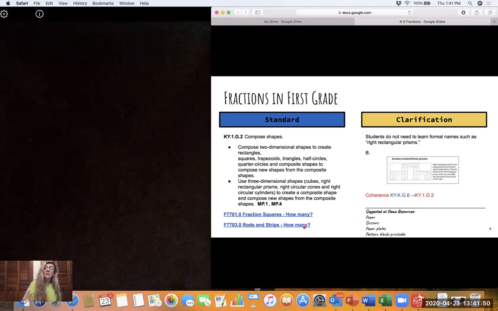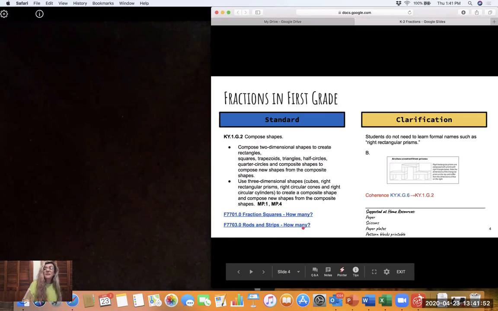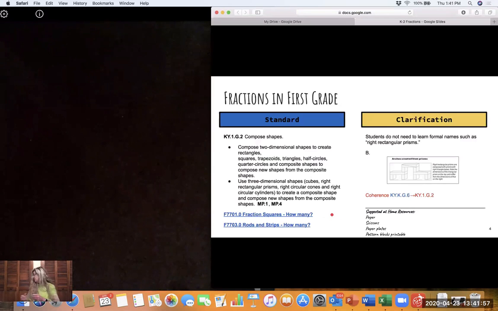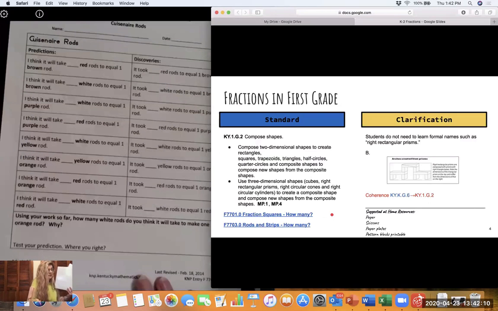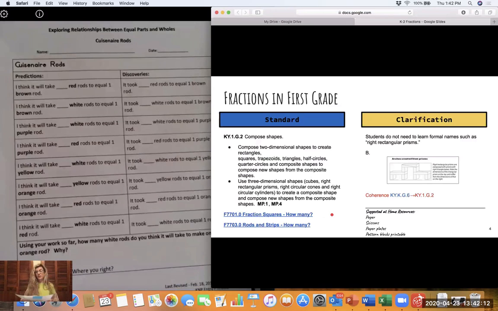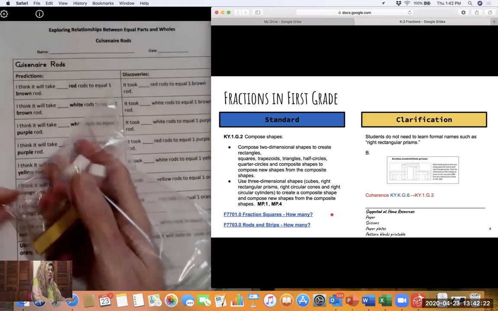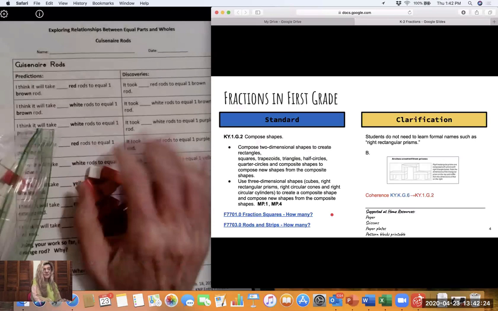So the next activity I want to share with you from the KMP site is the rods and strips one. It looks a lot like the other one did, like the fraction squares did, but it's using Cuisenaire rods, like this.